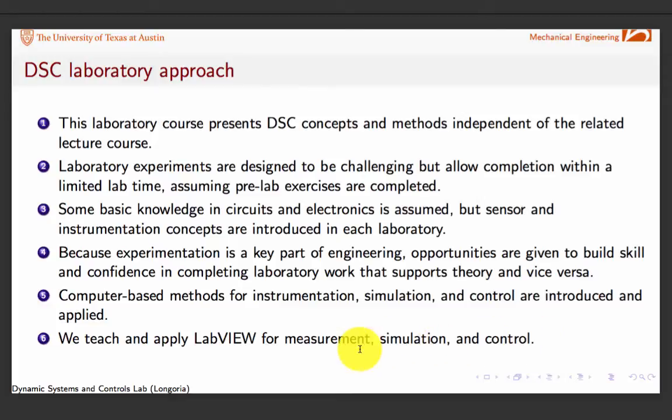In this course, we choose to introduce and emphasize the use of LabVIEW as a new tool in case you haven't used it, and it tends to be a very useful tool for use in application, and not only in future academic work, but also in industry. It's a heavily used software environment as well.